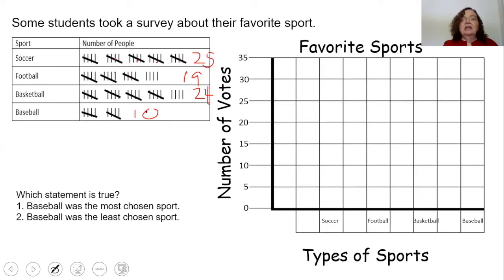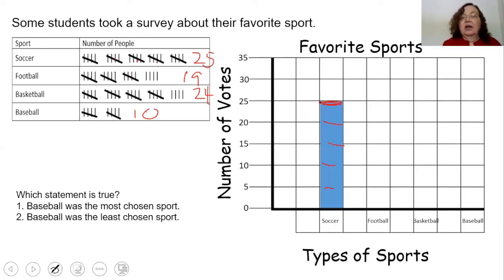All right, so now let's start trying to figure this out. So soccer is 25. So I'm going to count up 5, 10, 15, 20, 25, right up to the top. So I'm going to color in all the way up to the top. But football has a little problem because it's 19.